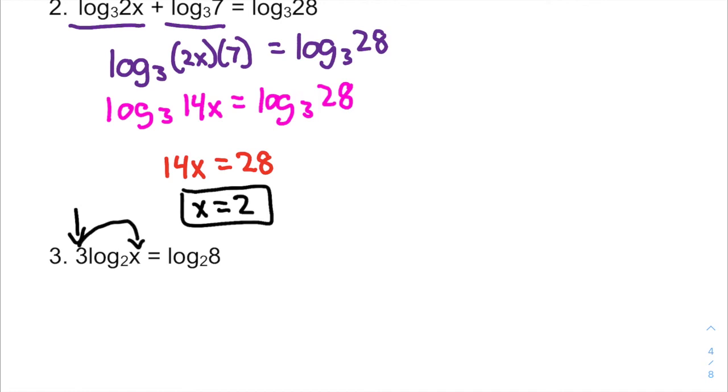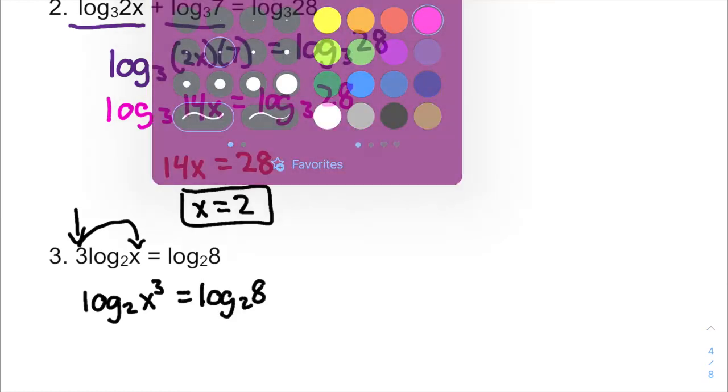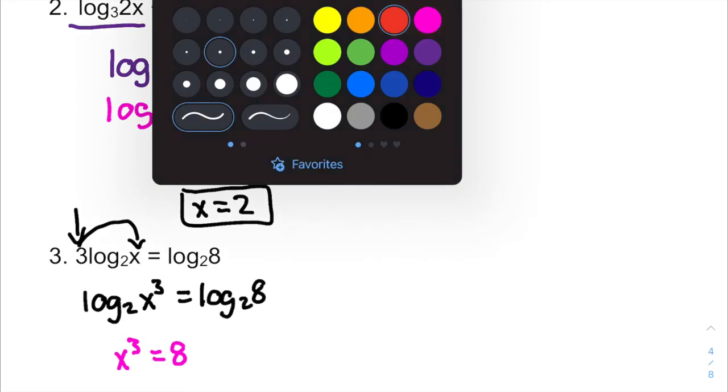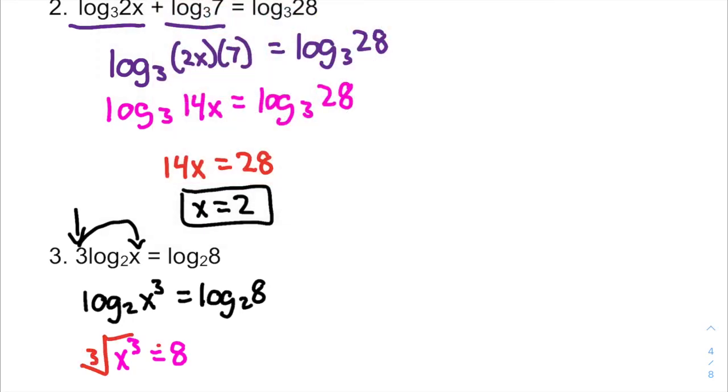We could bring this number back to the exponent and represent it as log base 2 of x cubed equals log base 2 of 8. Since the bases are the same, we could set x cubed equal to 8, and in order to solve, we will cube both sides, giving us our answer of x equals 2.